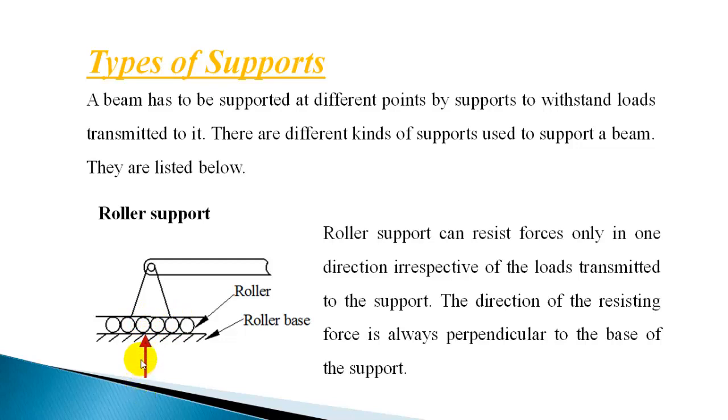So it can only take up the downward force, preventing downward movement. If it is pulled up, it cannot resist; it cannot pull back. So this is the resistance offered by a roller support. It can only prevent forces in the downward direction; it cannot prevent the lateral movement, or the rotation.